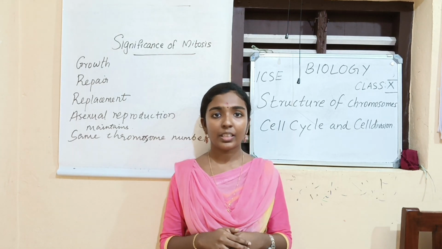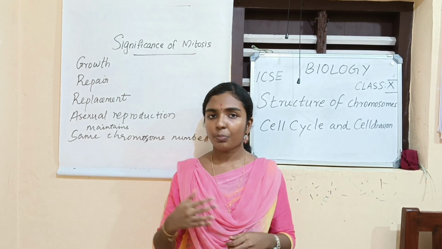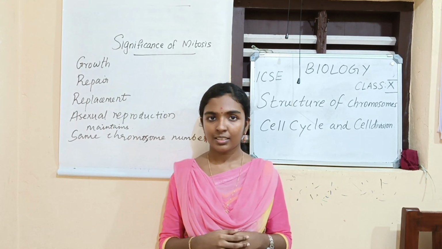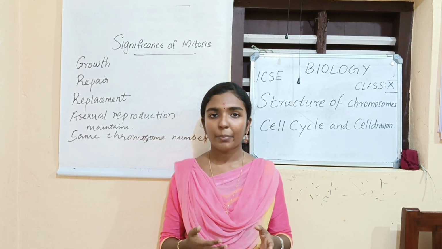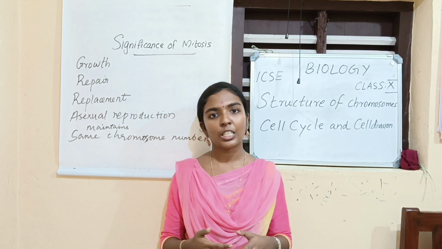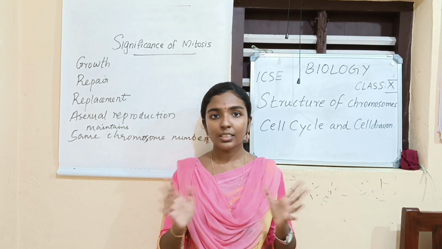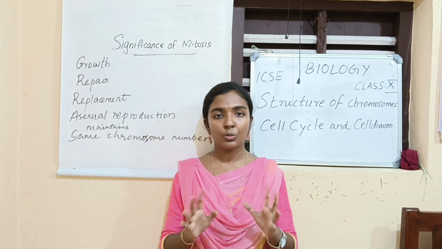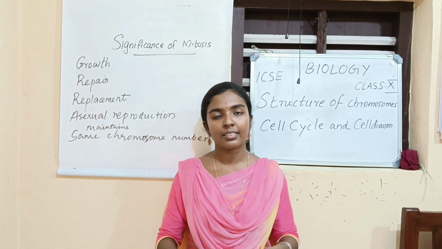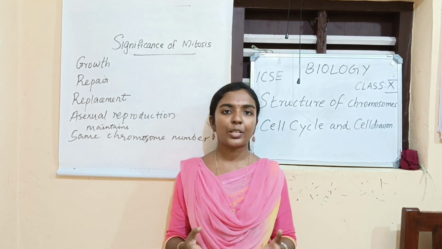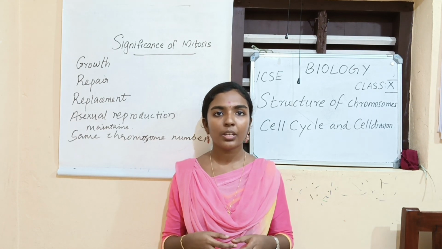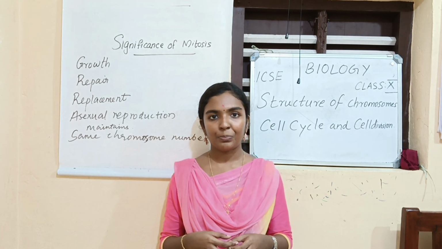Which are the phases of mitosis? Prophase, metaphase, anaphase, telophase. All the nuclear changes that take place during cell division are known as karyokinesis. Karyokinesis is followed by cytokinesis, which means division of cytoplasm.